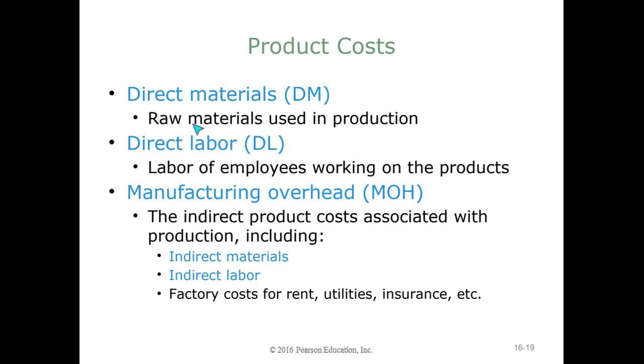Direct materials are the raw materials that are used to produce the item. Direct labor is the labor of the employee who is producing the item or working on the product. And then manufacturing overhead, MOH, is the indirect product cost that's associated with producing the product. Manufacturing overhead includes indirect materials, indirect labor, and also factory costs for rent, utilities, and insurance.